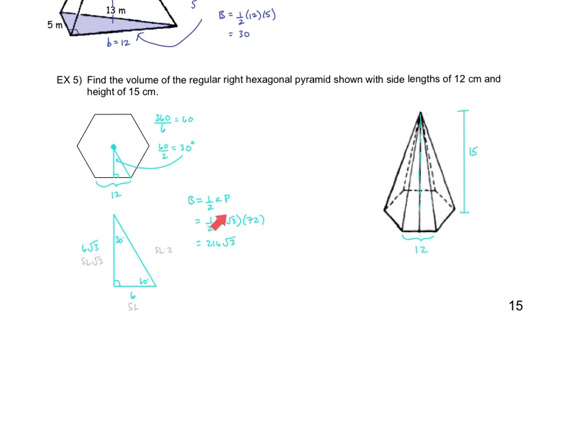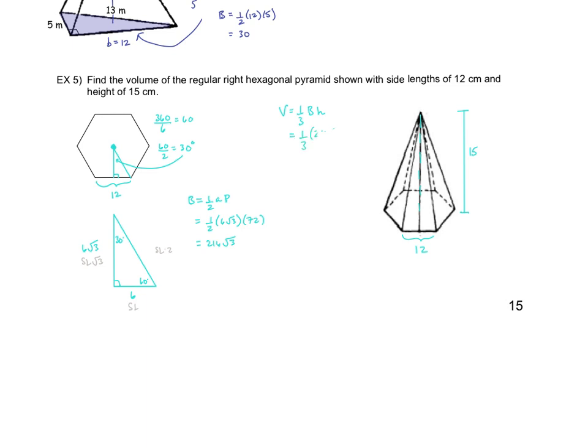Now, all of that work just gives us the area of our hexagon. Remember, we have to take the area of that base and multiply it times the height. So we're essentially taking 216 square root of 3 and multiplying it by 15. So writing down our original formula, we're going to multiply those, but don't forget, specifically, when looking at pyramids and cones, we also multiply by 1/3.